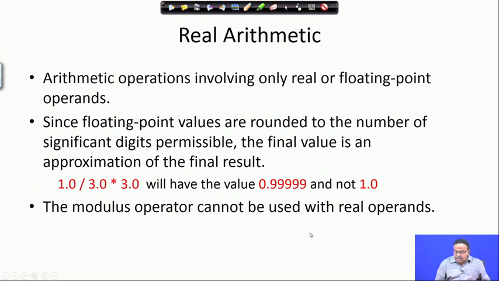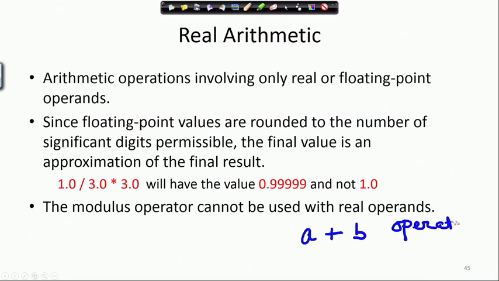When I say A plus B, this plus I call an operator, and these I call operands, on which the operation is being done. In real arithmetic all the operands are floating point numbers.